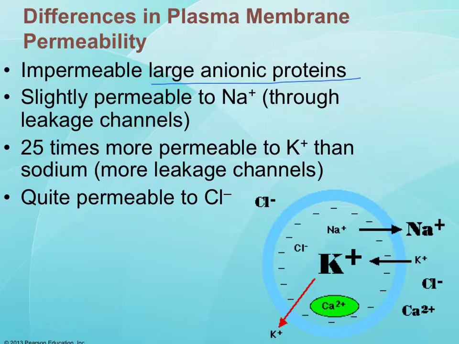So the cell membrane is much more permeable to potassium than sodium, and the potassium determines the resting membrane potential. It's also quite permeable to chloride as well, but the resting membrane potential is mainly maintained by the potassium ions.